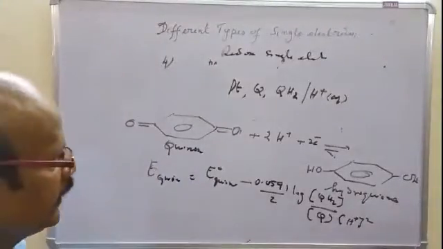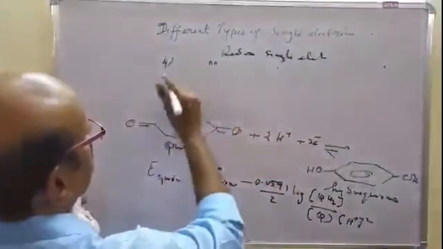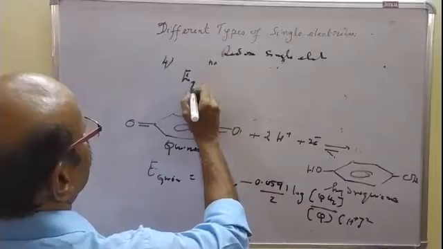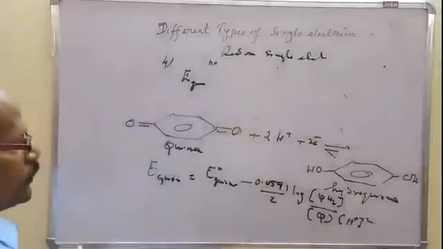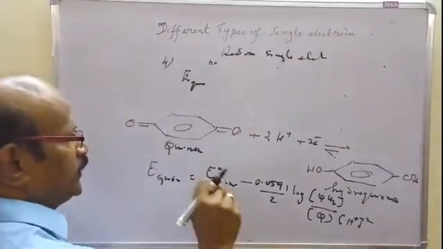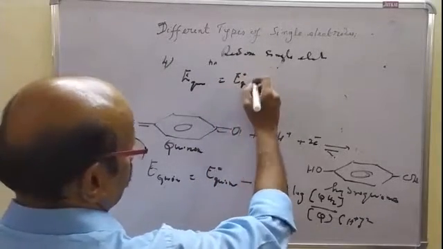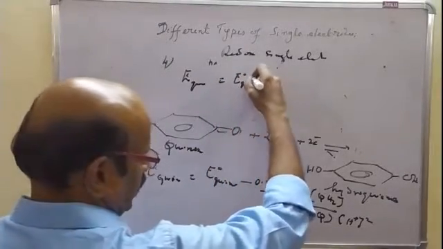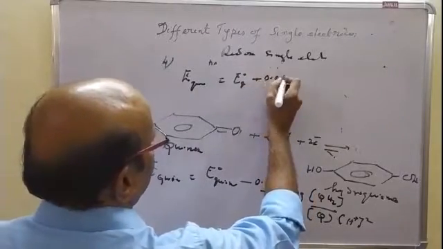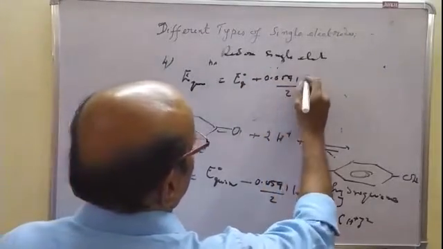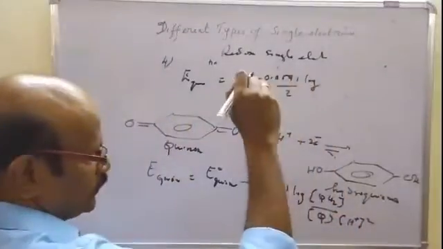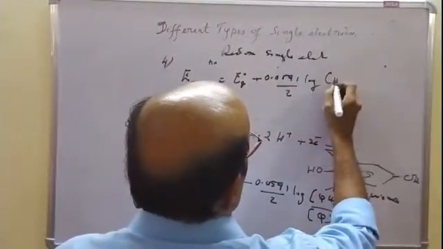So when we rearrange this equation, we have E quinhydrone is equal to E0 quinhydrone plus 0.0591 by 2 log H plus the whole square.